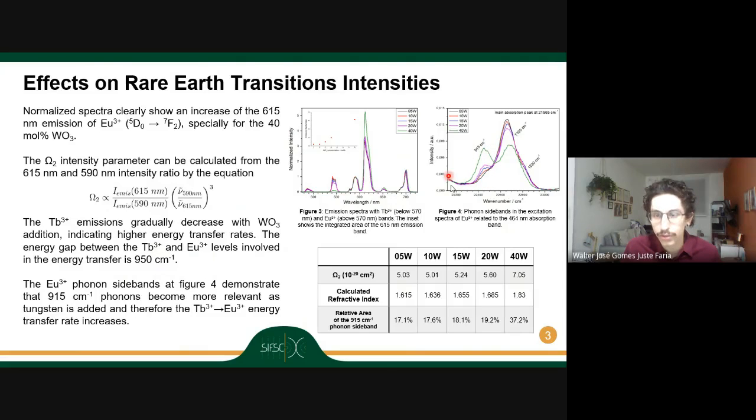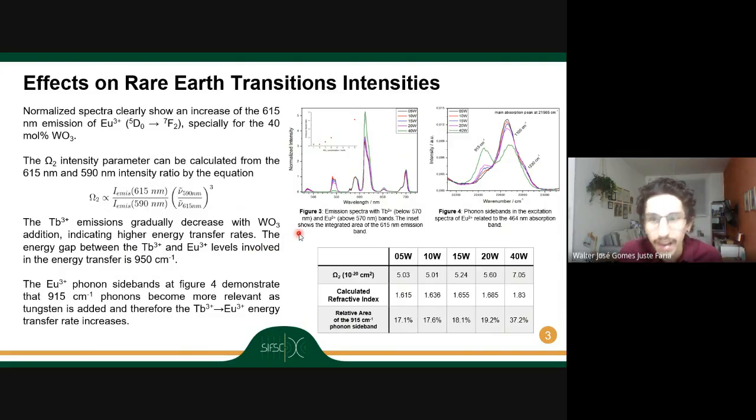The contribution to the whole of the funnels here, I've calculated the relative area, and you can see it going from 17% to almost 40%. So it means that more phonons of this energy are available, so it's much easier to transfer energy from terbium to europium via this energy gap here.